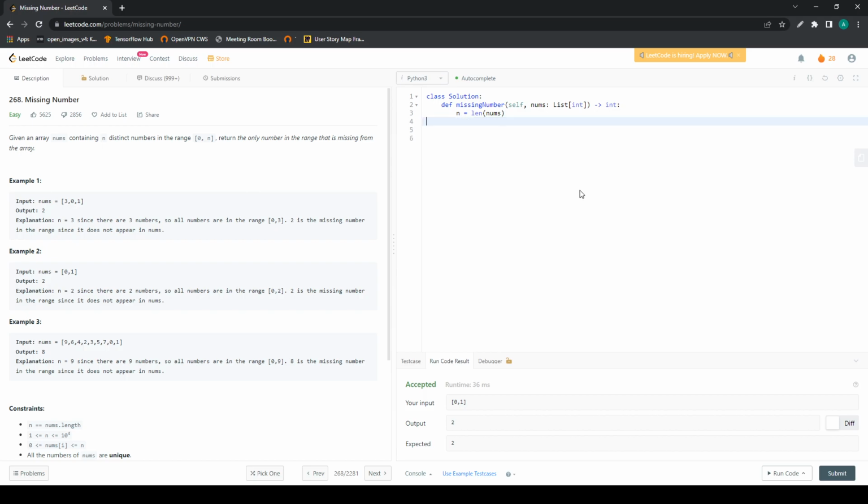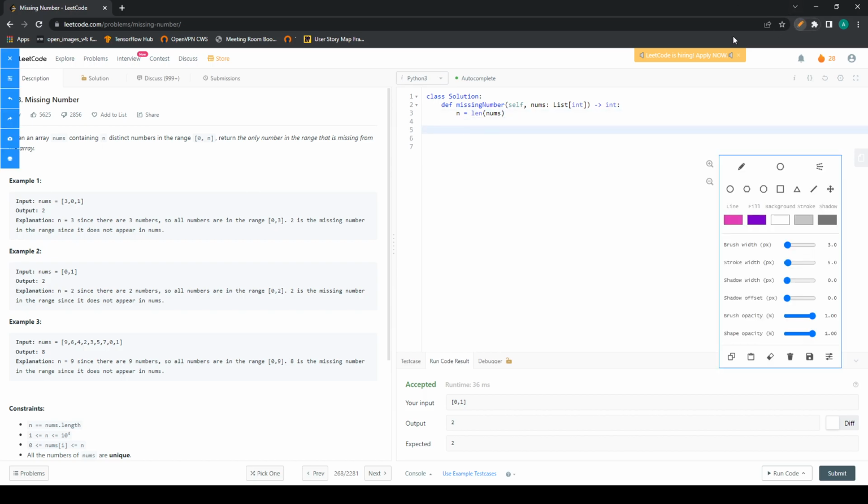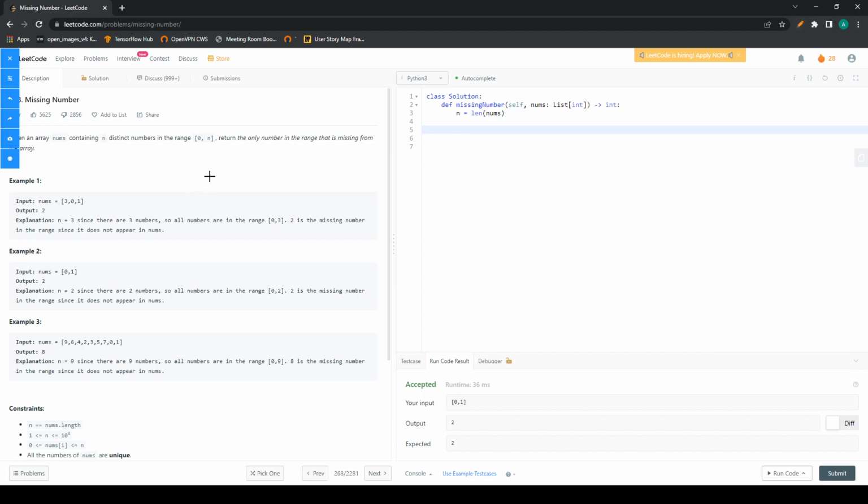The other way is, instead of finding the sets and then subtracting the sets, mathematically consider that we compute the sum of the numbers from 0 to n, so 0 plus 1 plus 2 plus 3 in the first example, and then also compute the sum of the values in this array, which takes the order of n.